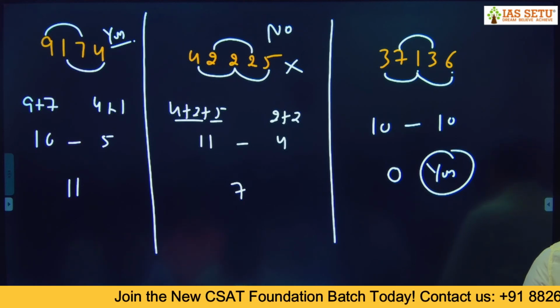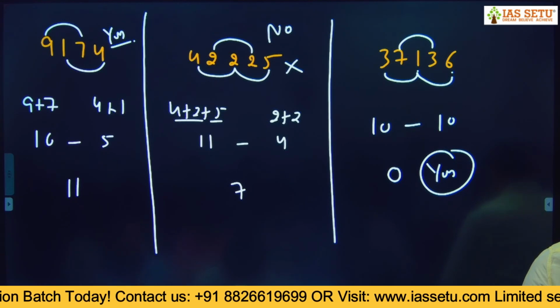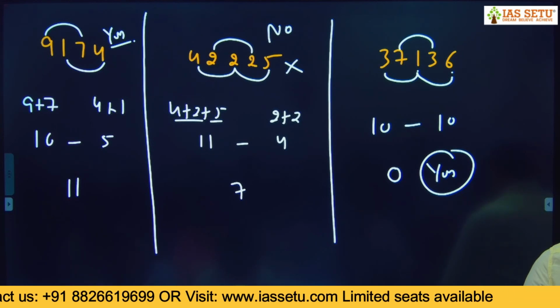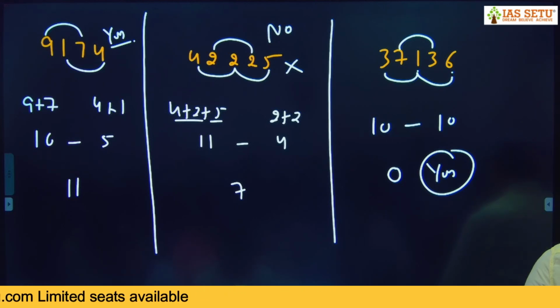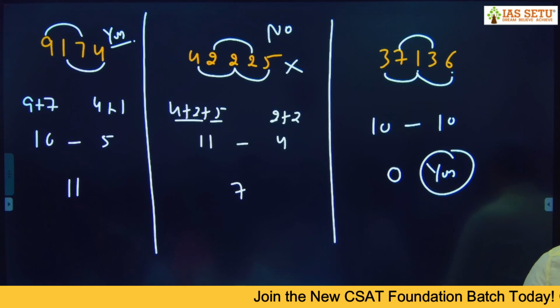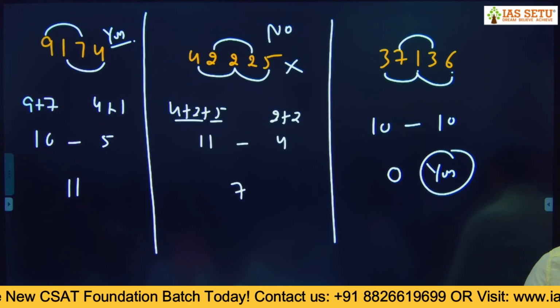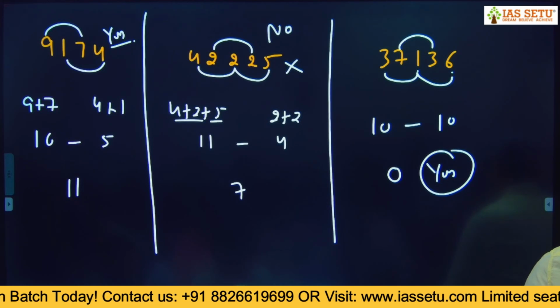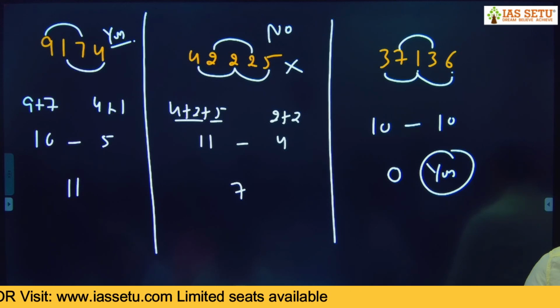If the difference of the sum of odd place digits and the sum of even place digits is 0, 11 or a multiple of 11, then the number is divisible by 11, otherwise not.